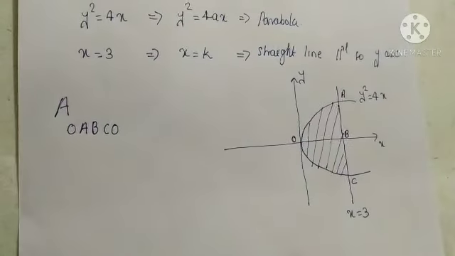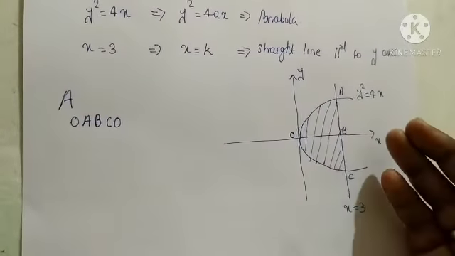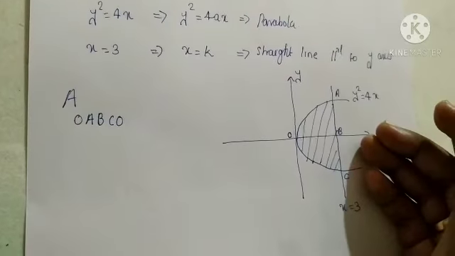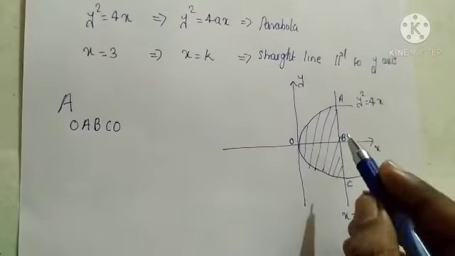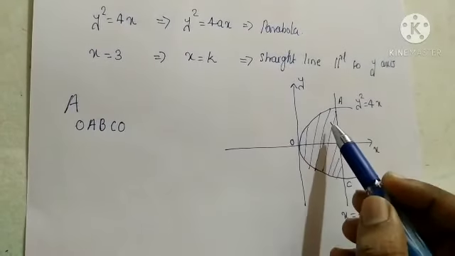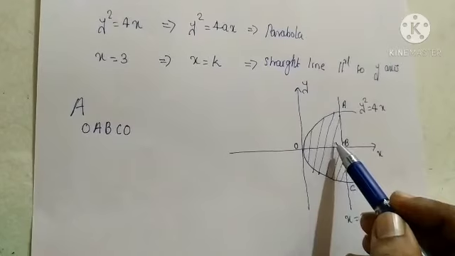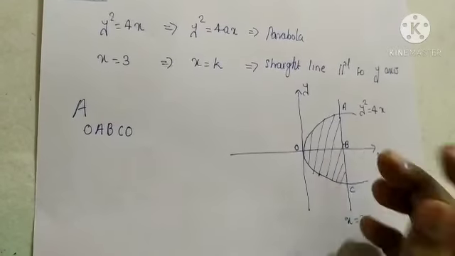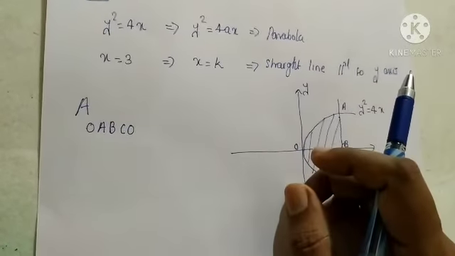Okay, and if you observe this figure, we can say that this is symmetrical to x-axis. Okay, so we need to find out only one portion of this shaded area and multiply it with 2, we get the total area of this shaded region.